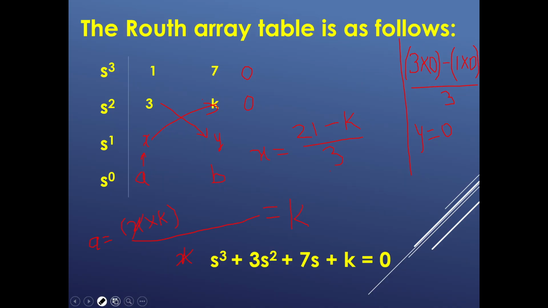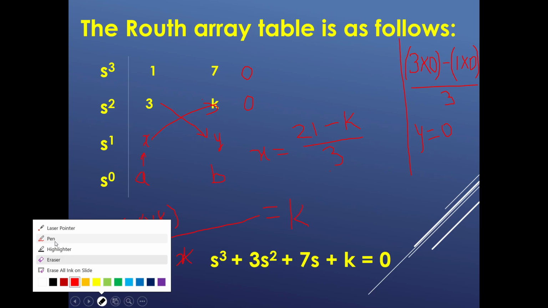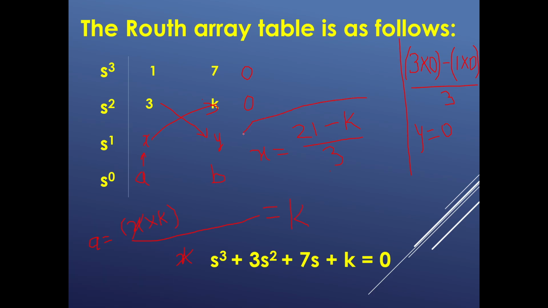Okay. So now what is x value? It is 21 minus k by 3. Y value is 0. What is A value? A value is k. So substitute that in this Routh array table.